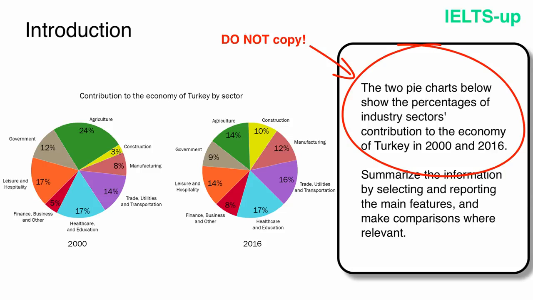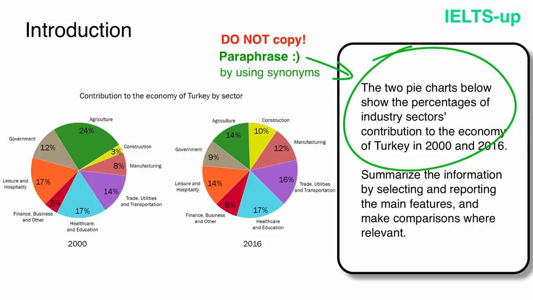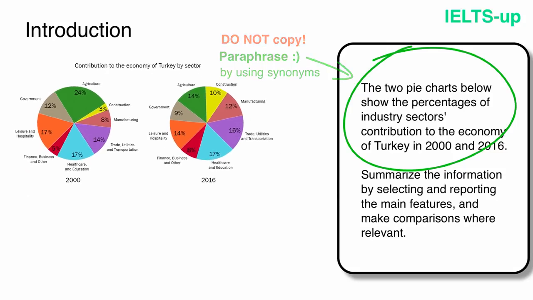Instead of writing, the 2 pie charts below show the percentages of industry sectors' contribution to the economy of Turkey in 2000 and 2016, we should write a paraphrased version of this sentence by using synonyms. And here is how I wrote it.